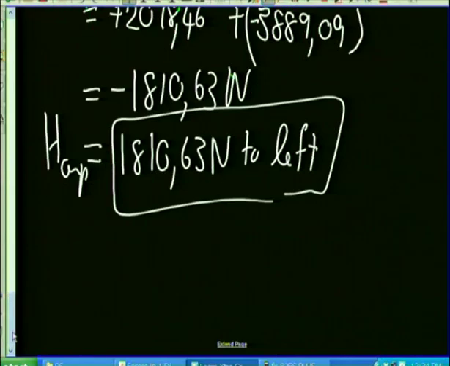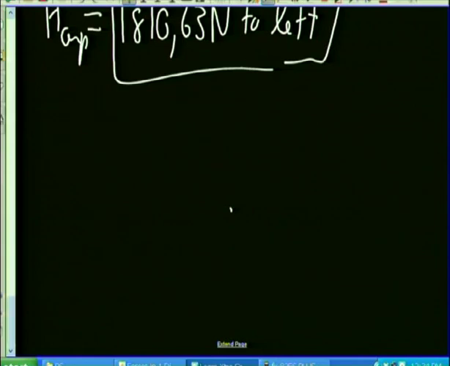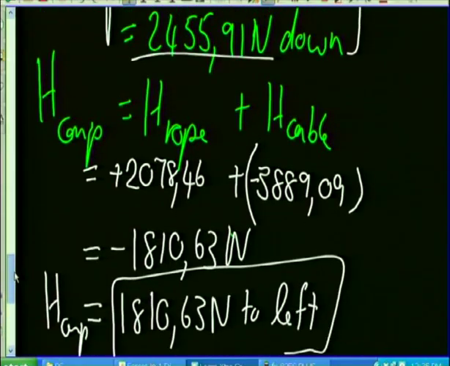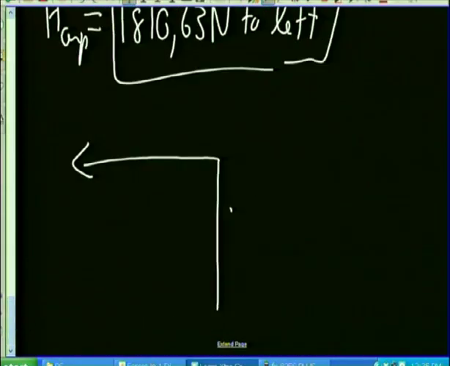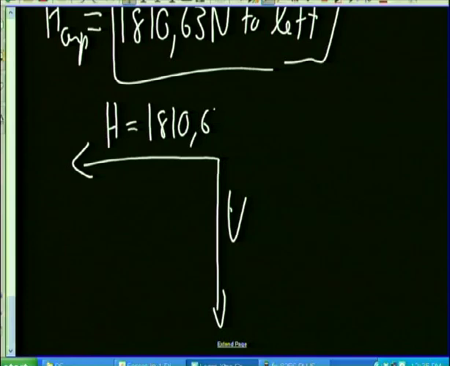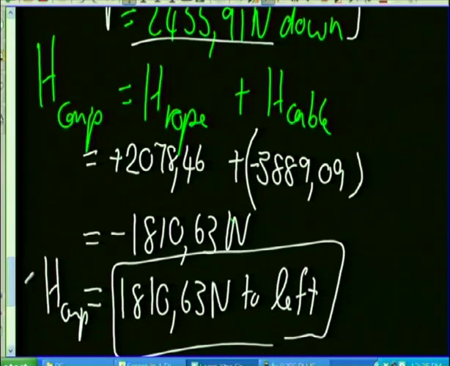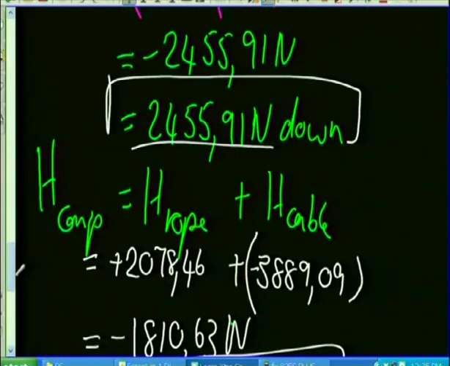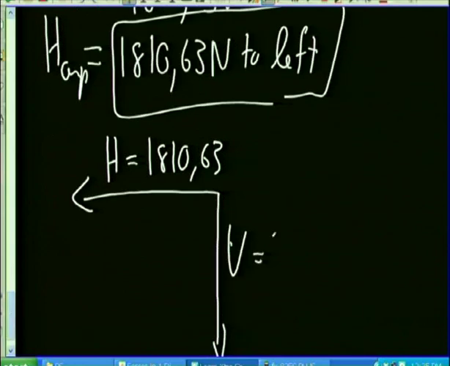So in effect, what we've broken down to is a horizontal component to the left and another one vertically downwards. So that's your vertical and that's your horizontal. This one was 1810.63 and the vertical one was this number here, 2455.91, all added together.